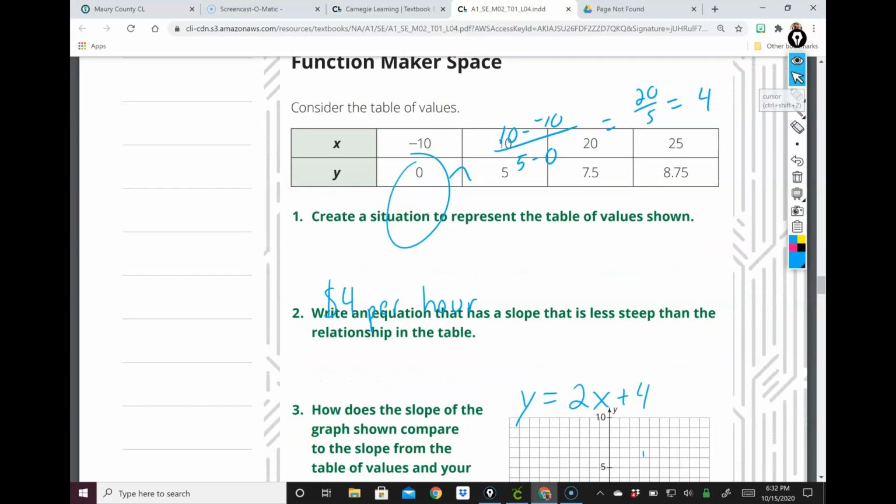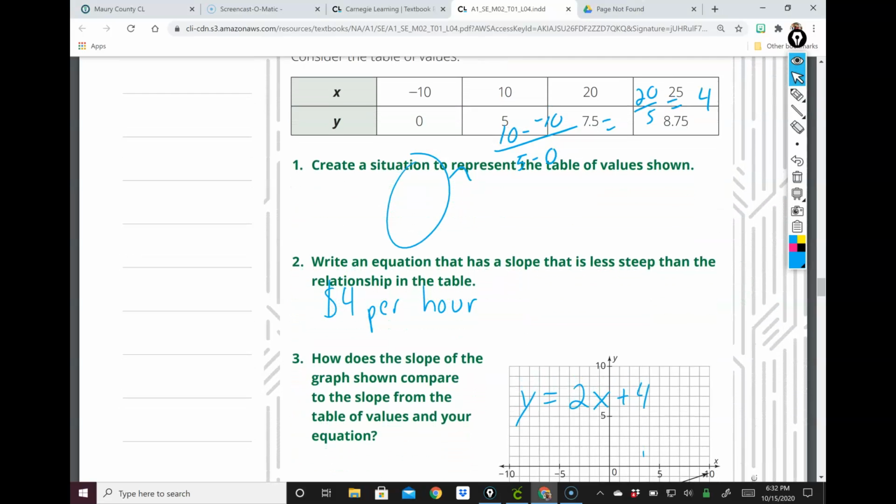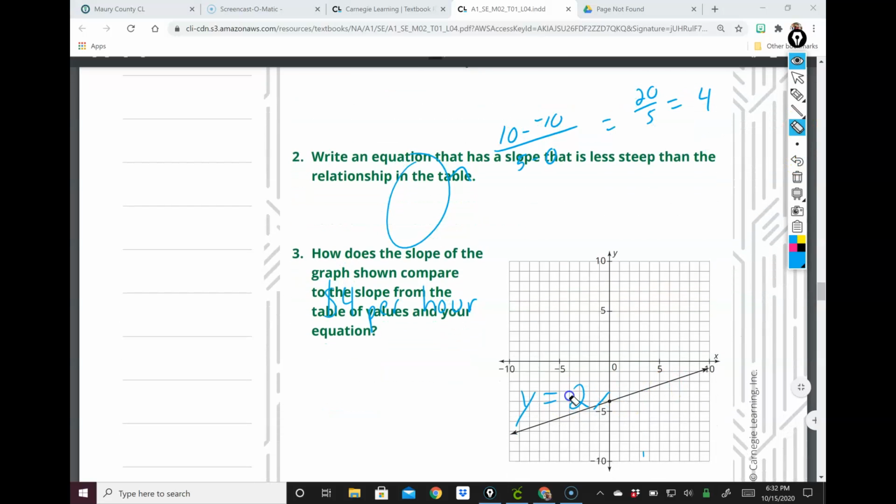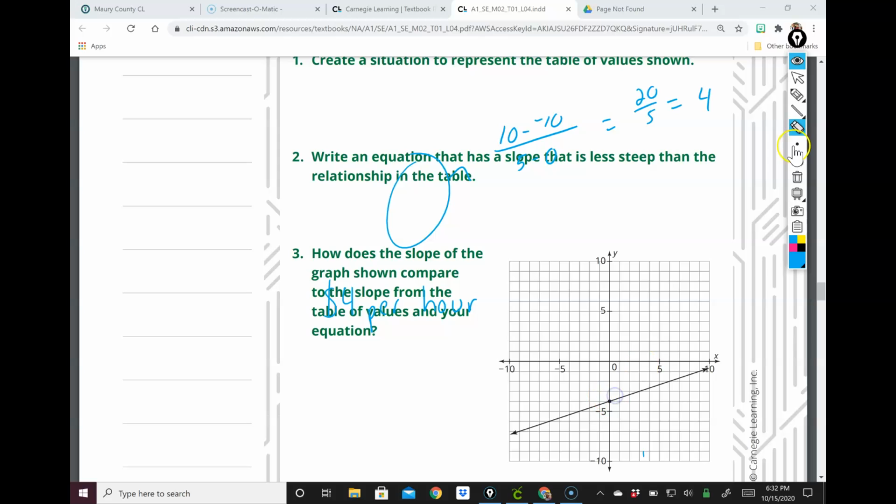Number 3, how does the slope of the graph compare to the slope of the table of values? So before I had a slope of 4. Now let's see what my slope is. 1, 2, 3, 4. See, so I'm going up by 1, and I'm going over a slope of 3. So my slope here is 1/3.